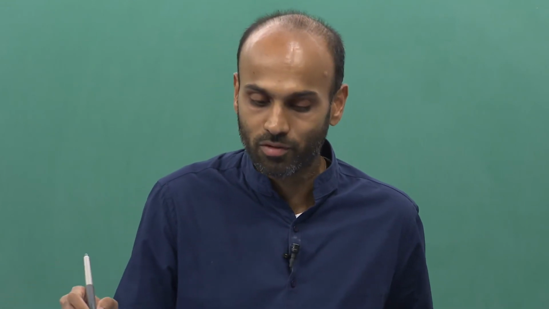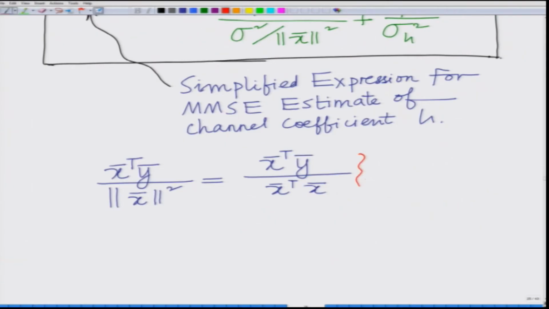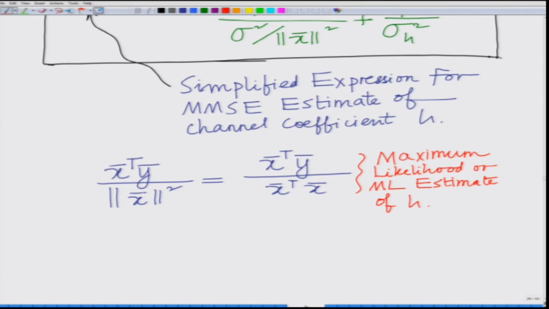This is the same estimate that is derived based on the principle of maximum likelihood estimation of the channel coefficient H. So this is the ML or maximum likelihood estimate of the channel coefficient H.